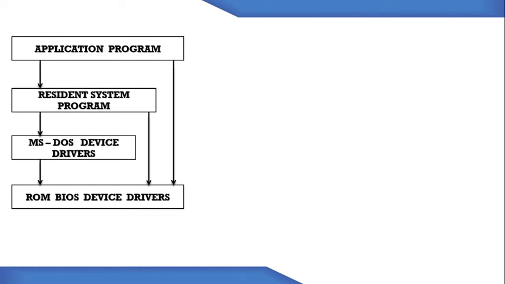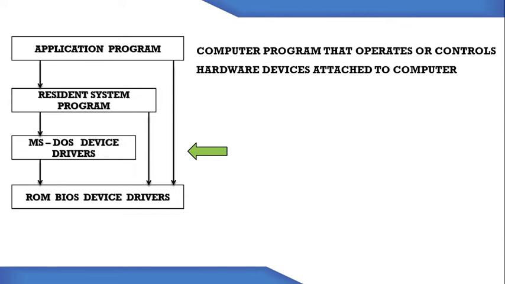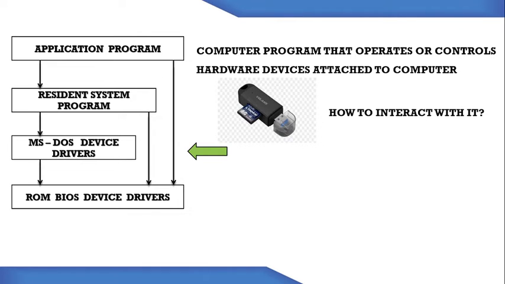The third from the top is MS-DOS device drivers. The device driver is a computer program that operates or controls a particular device attached to the computer. For example, if you connect a card reader to the computer, how will the operating system or user interact with it?